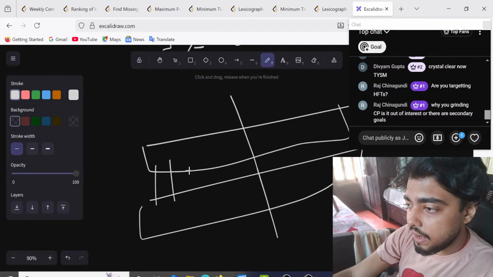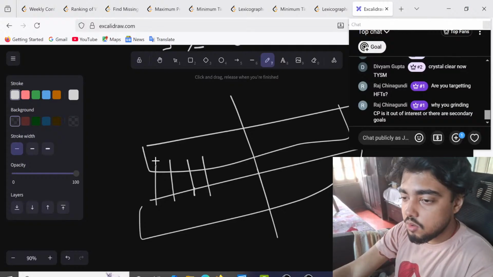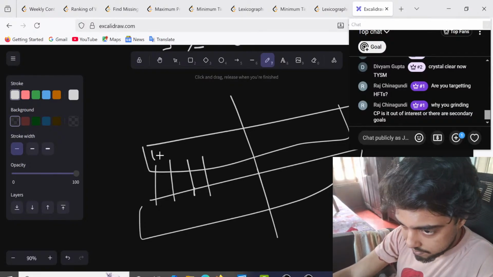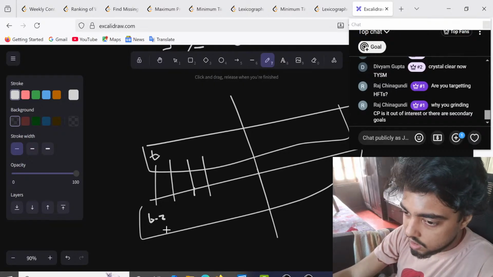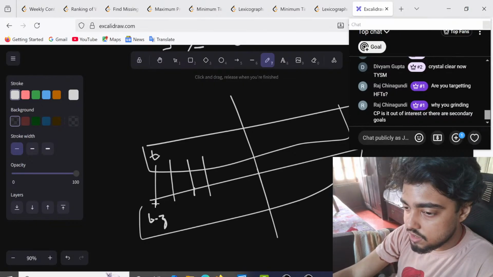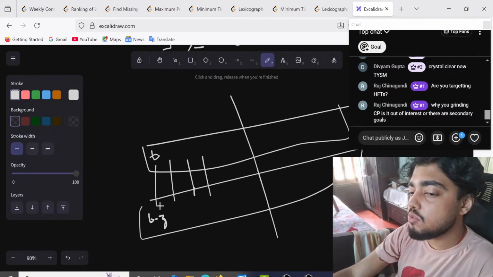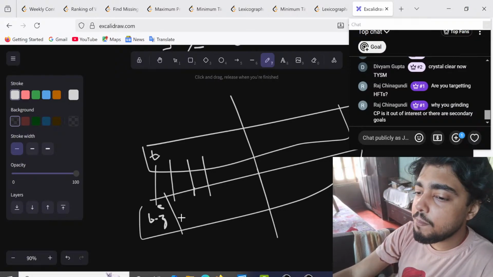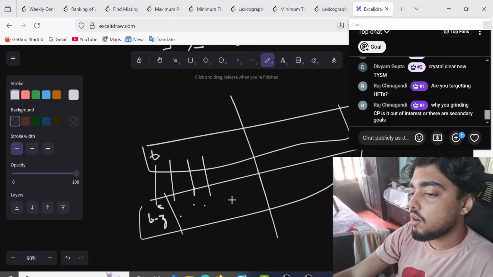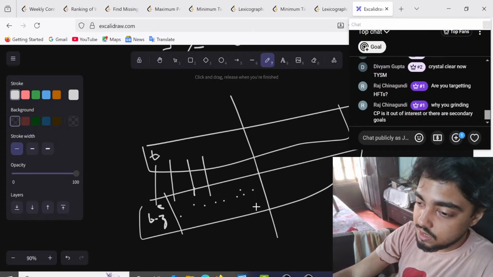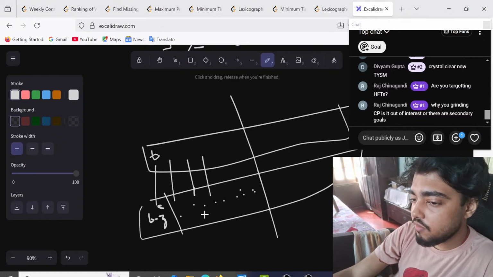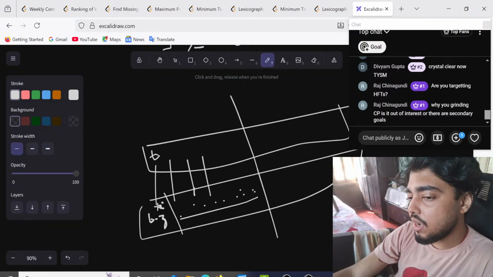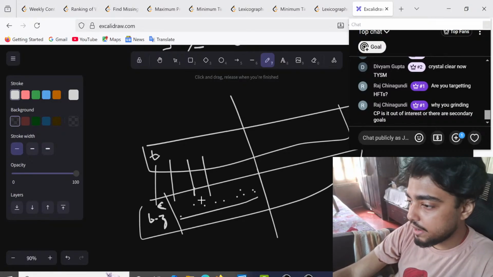If this is B, in this part you can keep any alphabet from B to Z. If you're keeping B, you have to be very strict with the remaining ones. But if you're putting anything from C to Z, let's say C, then you can put anything over here, and that will be the smallest, in increasing order. Because whatever you're putting over here, you have already got the larger one. This is one trick that you can follow.